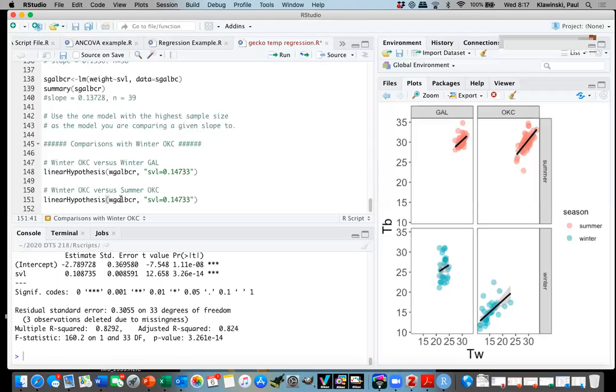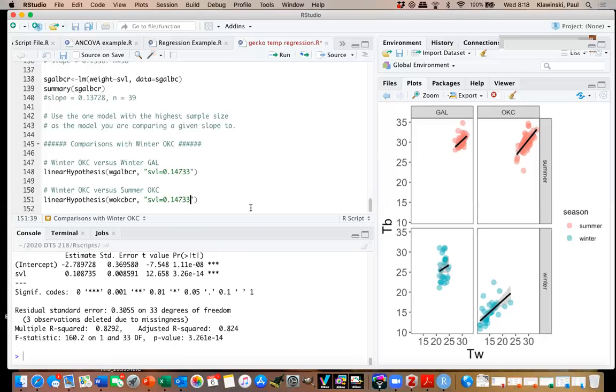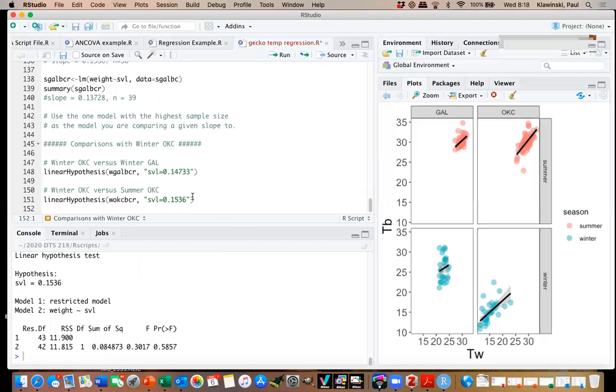And I would compare the Winter, Oklahoma City model to the slope from the Summer, Oklahoma City model, which is 0.1536. So the one with the largest sample size goes in the front, goes right there. Yep. Okay. So that shows that it's not significant.